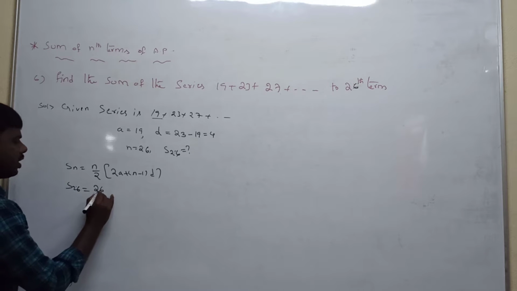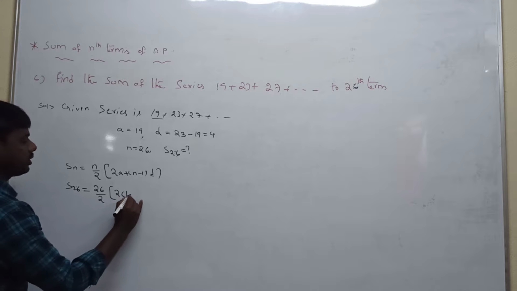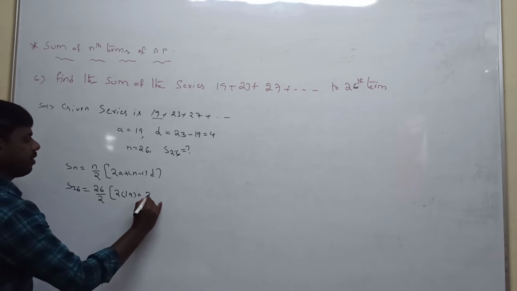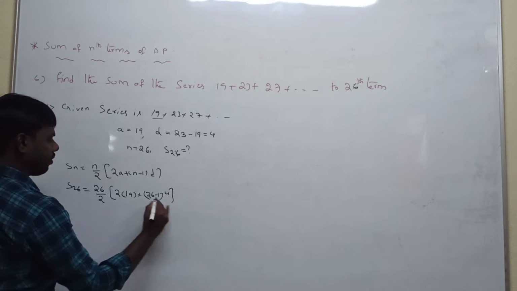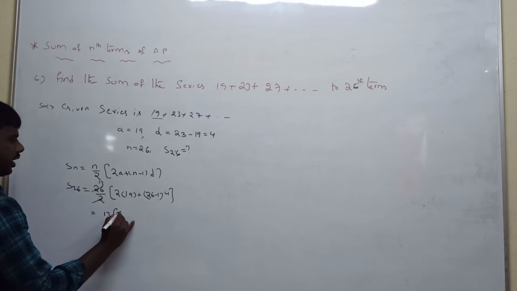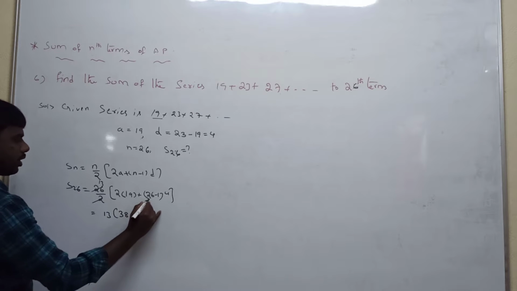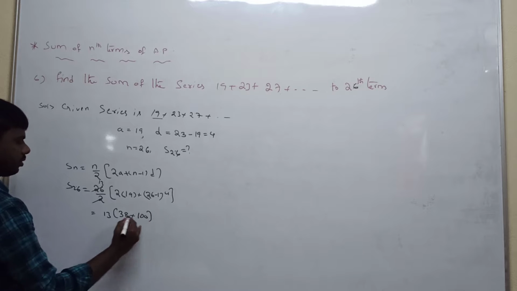So we need to find the sum of 26 terms. N replaced by 26, so 26 by 2 into 2 times 19 plus 26 minus 1 into 4. Now simplify. 26 by 2 is 13. So 13 into 38 plus 25 into 4, which is 100.